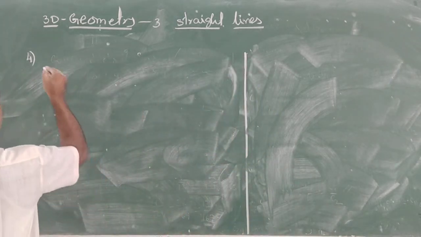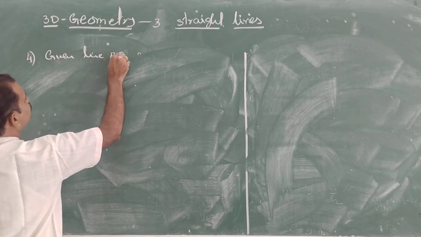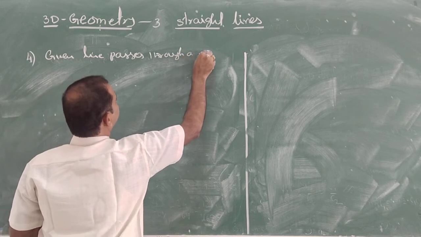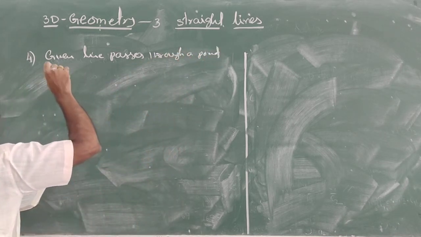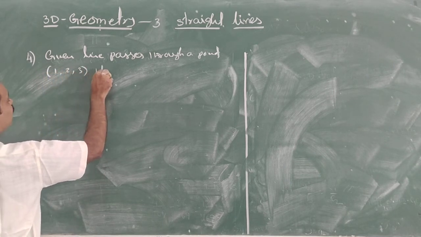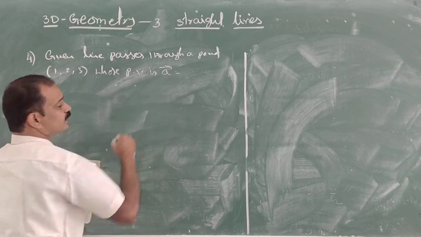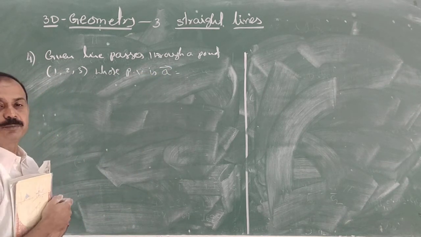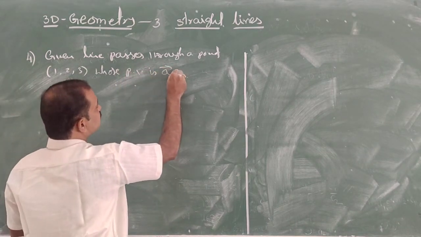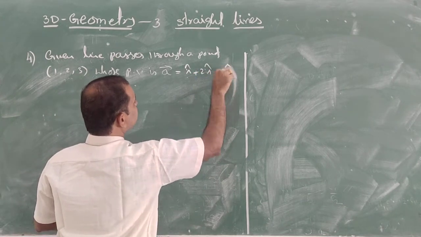So fourth one, given a line passes through a point 1, 2, 3 whose position vector is A is equal to i plus 2j plus 3k.